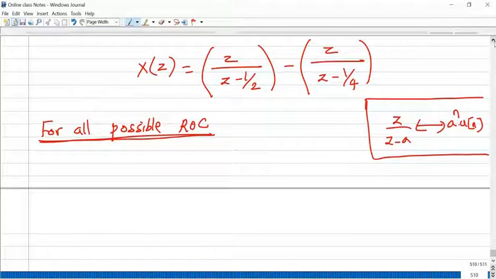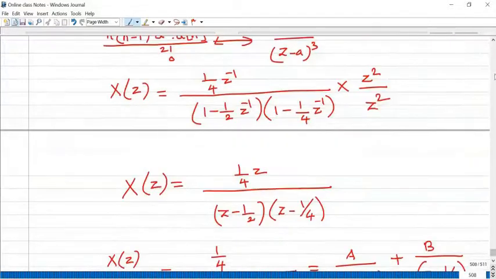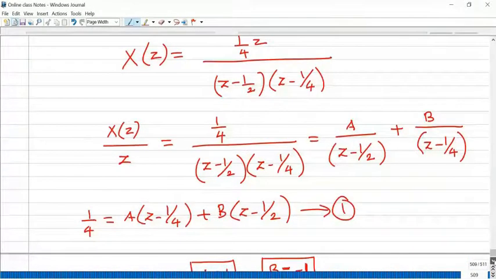Okay. So if you solve this particular problem, again cross multiply, that is in the initial format, right? 1 by 4 z divided by z minus 1 by 2 times z minus 1 by 4. So how many poles are there? There are two poles: z equal to 1 by 2, z equal to 1 by 4.